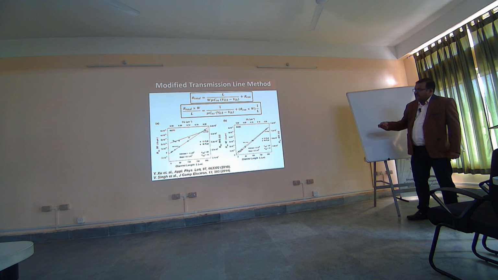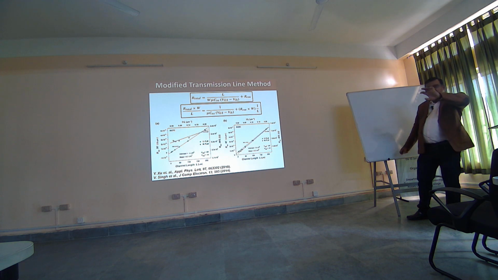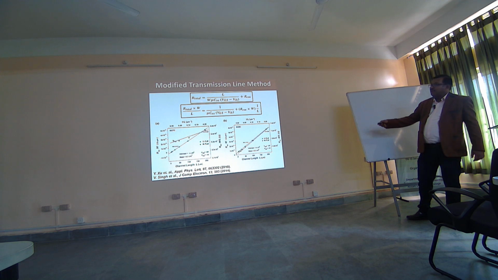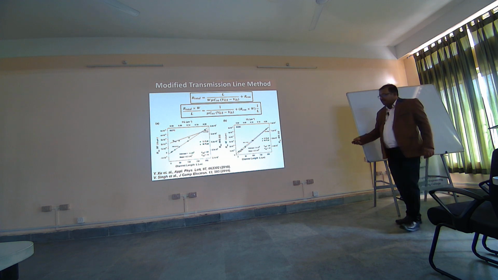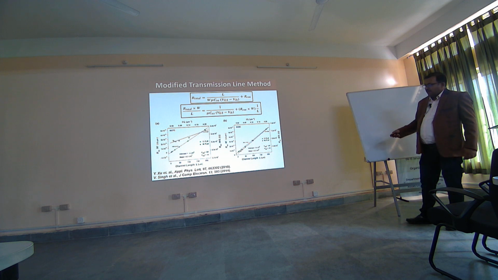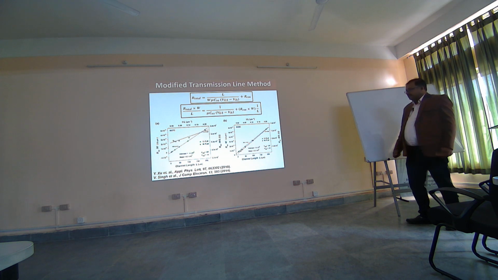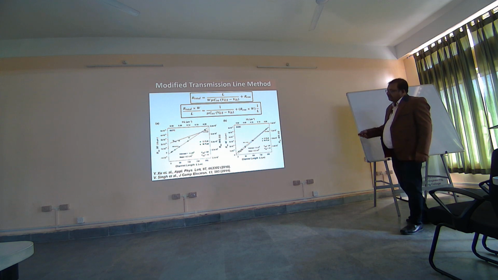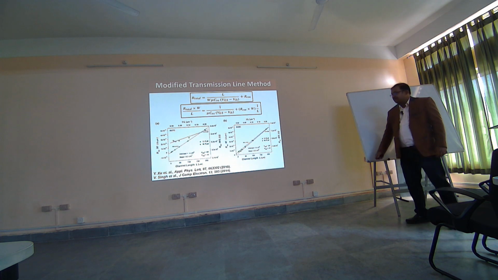Whatever mobility and threshold voltage variations are there get embedded into the constant, because the slope is now the contact resistance. So we then plotted the width by length normalized R total graph with respect to 1 by channel length, and from that we estimated the contact resistance.